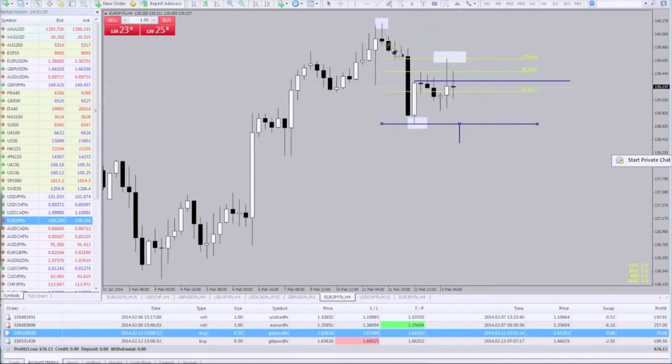And what you would do is take your fib expansion tool, connect the 1 and the 2, and then connect that to the 3, and now you have a profit target built in here, and a profit target built in here. Usually on mine, I also add an extra profit target at the 200 level. You see right here, this is fib expansion 1.618. I usually put in a fib expansion at 200, so I can use that as a profit target also.